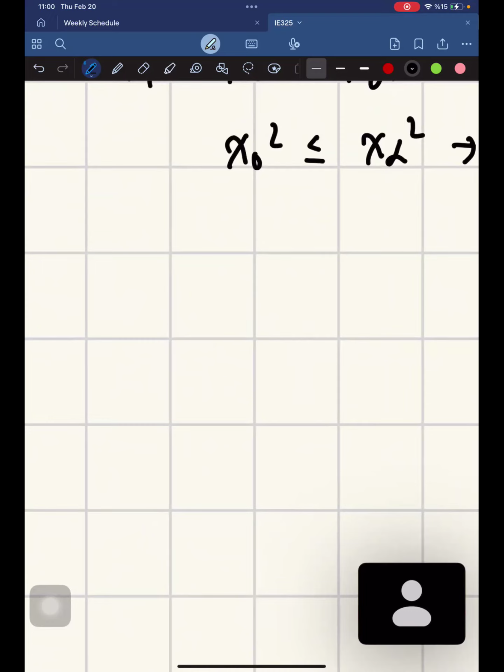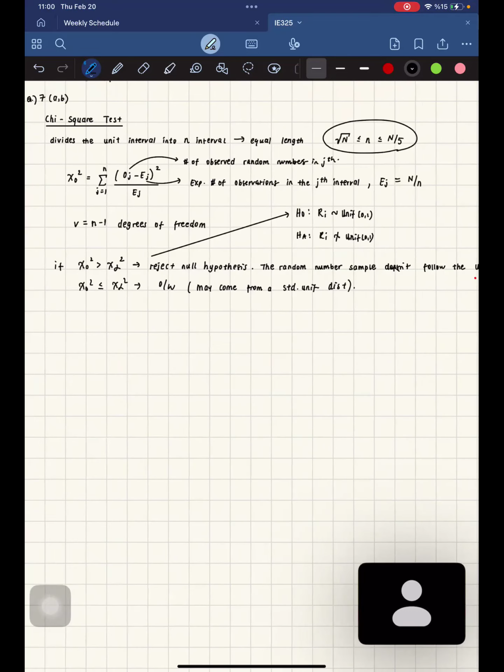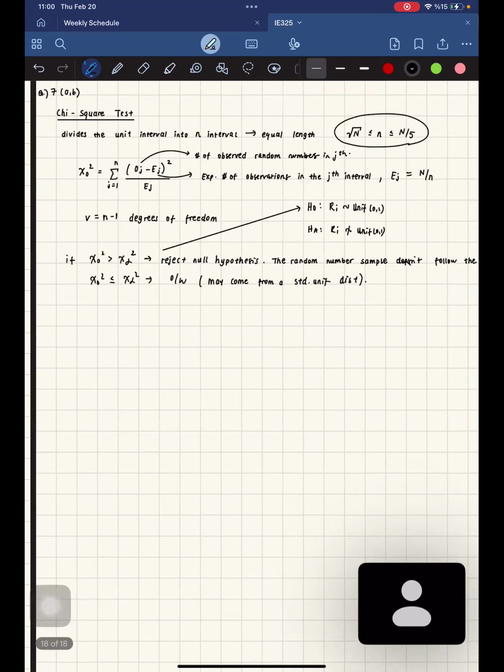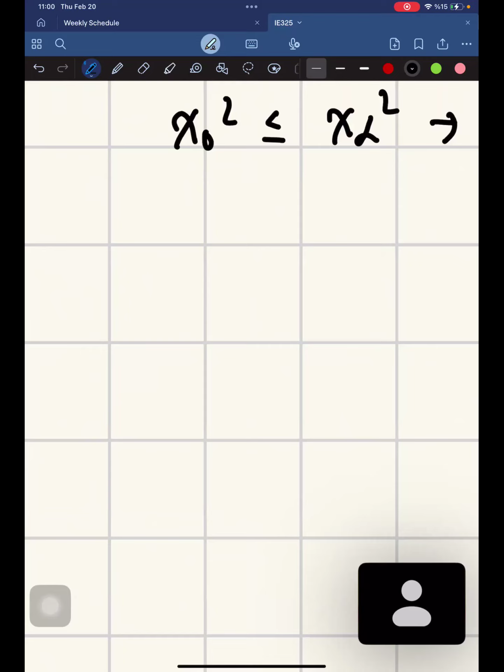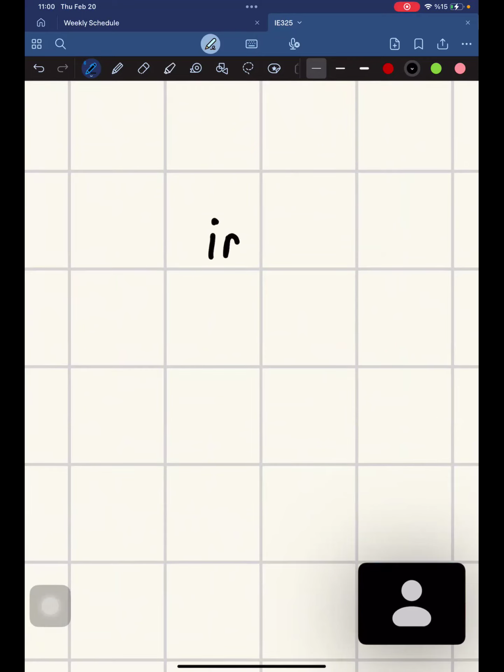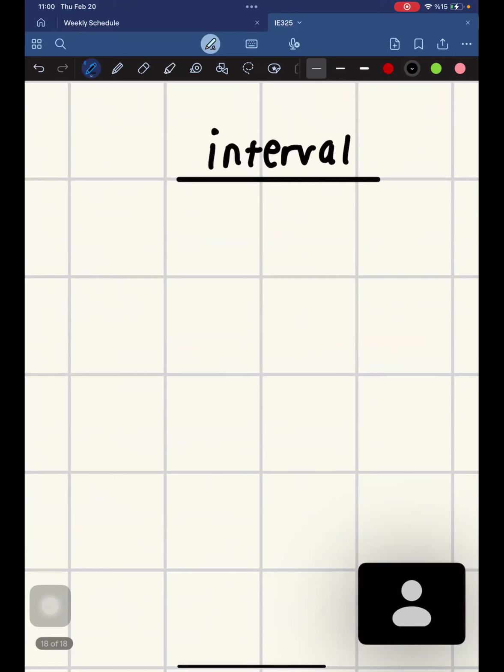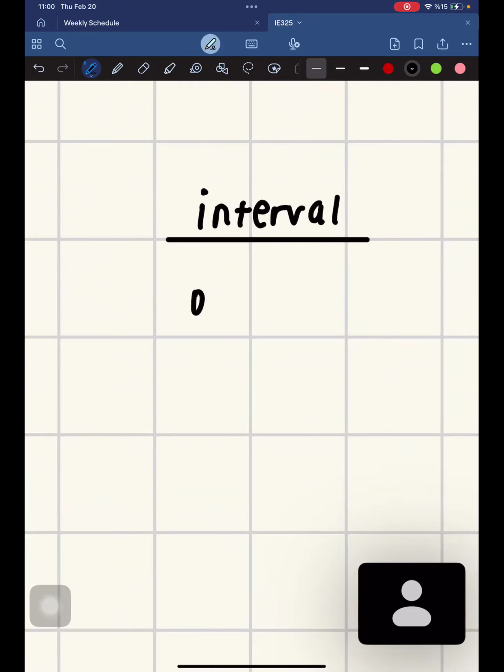Finally, let's start the question. Okay, we have these numbers. Now we will be constructing a table for the chi-square test for n equals 5 intervals. Since it is constructed for 5 intervals, we divide 1.0 by 5 and find these intervals.